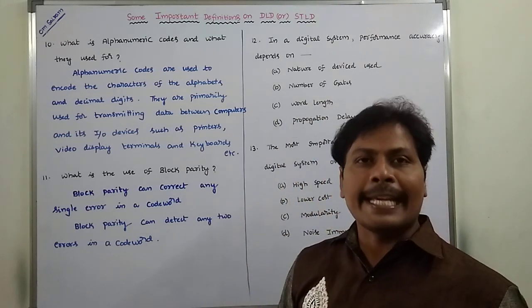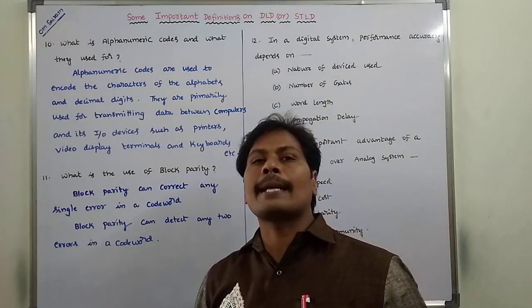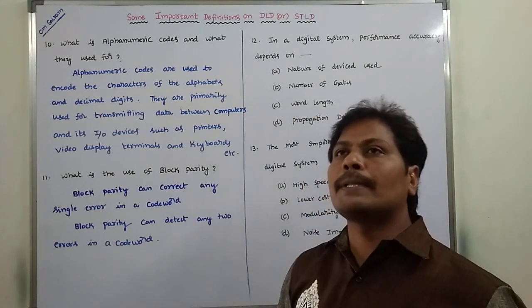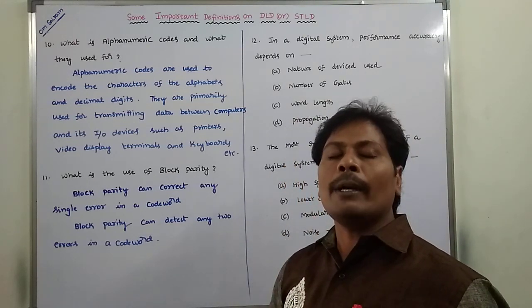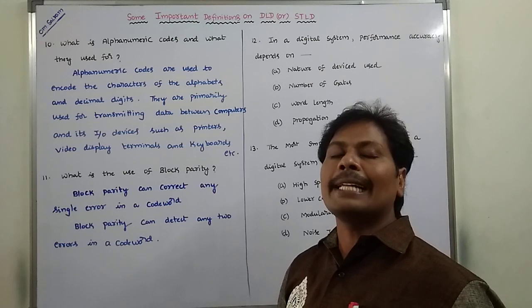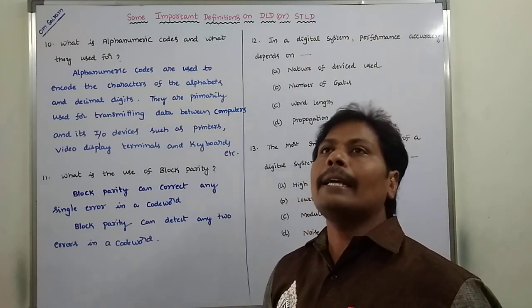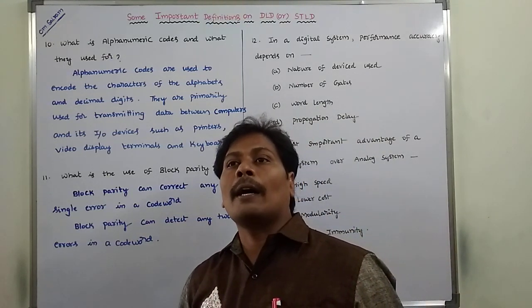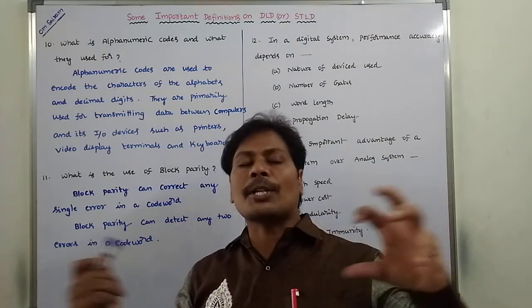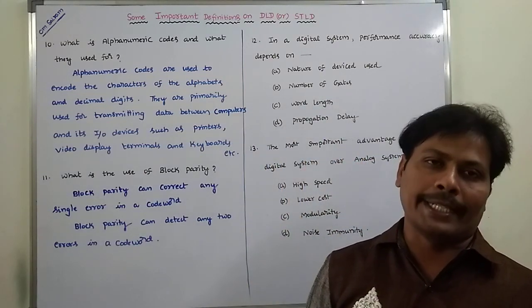One is ASCII code and the second one is ASCII. ASCII code is a 7-bit code and the other is an 8-bit code. Okay. ASCII code is used for transmitting the data between the computer and its terminals, and the other is used for transmitting the data in large communications. For that purpose, we have to use it.